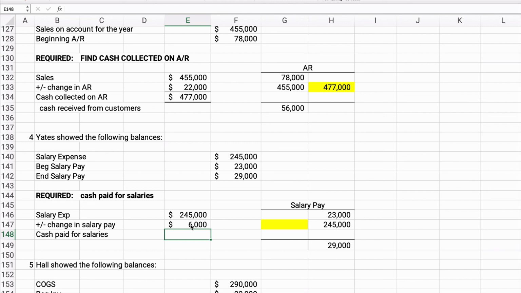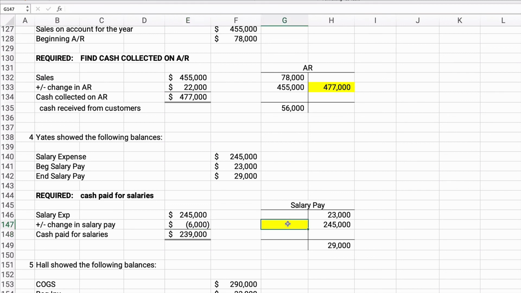So let's think about this. The expense they earned is 245. Have we paid them yet? Well, yes, except for 6,000. So we need to make this a negative 6,000. And so our cash paid for salaries is going to be a little bit less than that, which is 239,000.